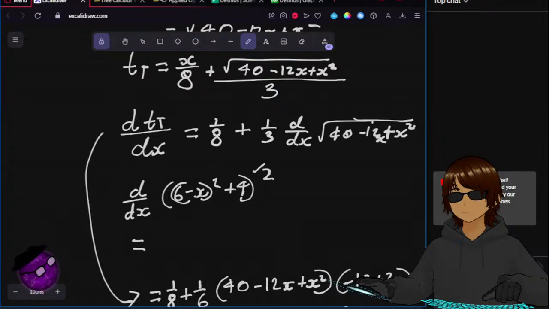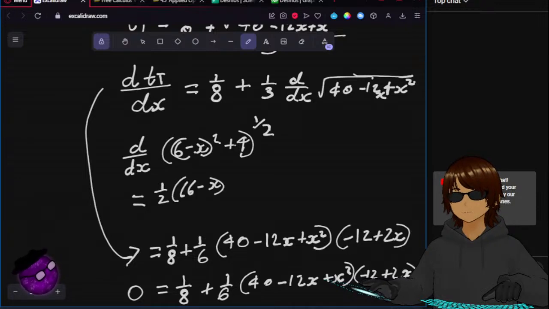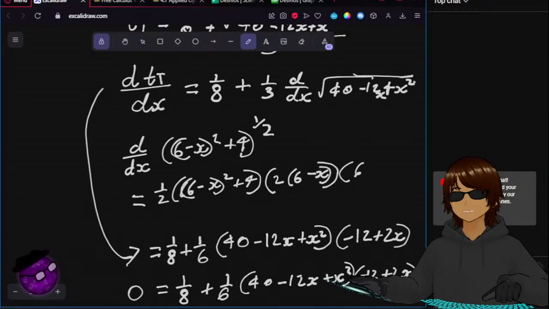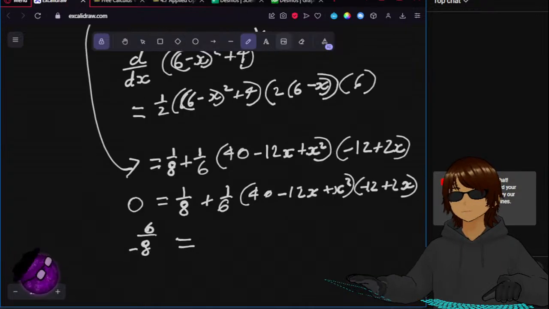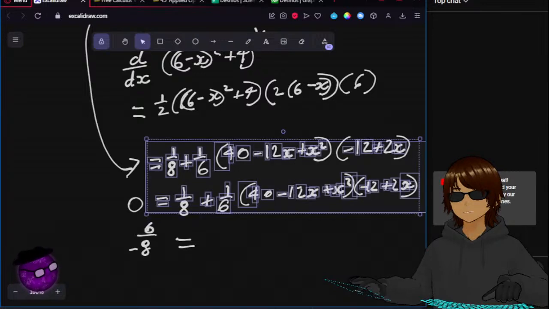This is half. Then this will be the derivative of the outside times the derivative of the inside, times the derivative of the inside of that. That means, wait, let me just switch this.